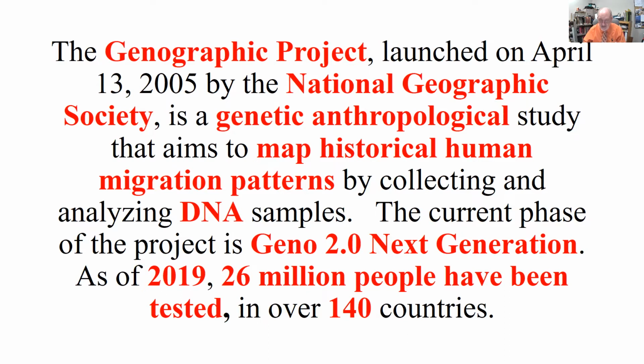As of 2019, 26 million people have been tested in over 140 countries. As this field has developed, the aims of practitioners broadened, with many seeking knowledge of their ancestry beyond the most recent centuries for which traditional pedigrees can be constructed.